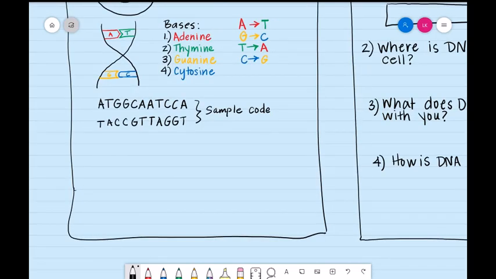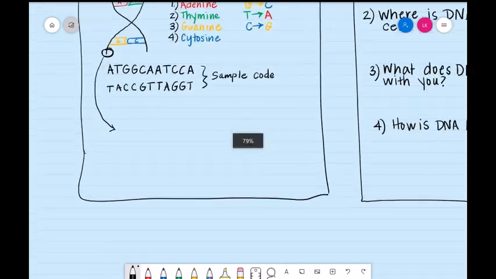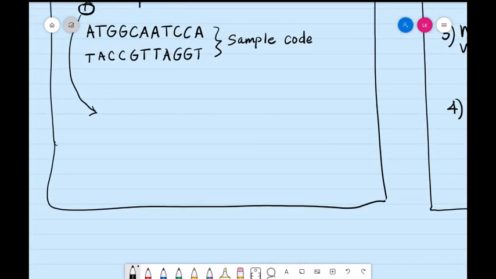Last thing to understand is that if we were to zoom in on just the backbone of a DNA strand, it's actually got a nitrogen base. We've talked before about nucleotides. So it was one of our 4 main macromolecules.